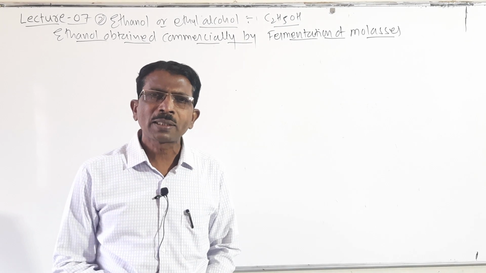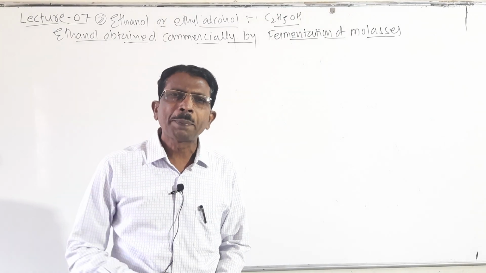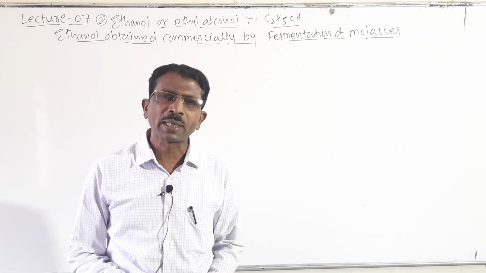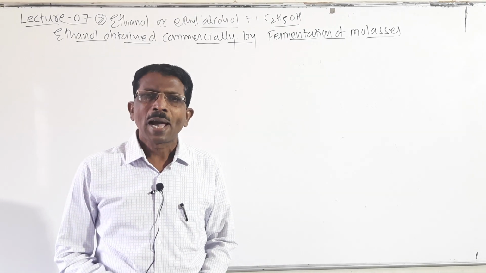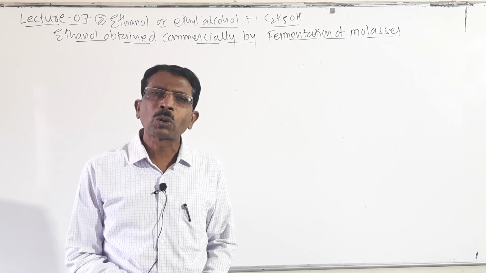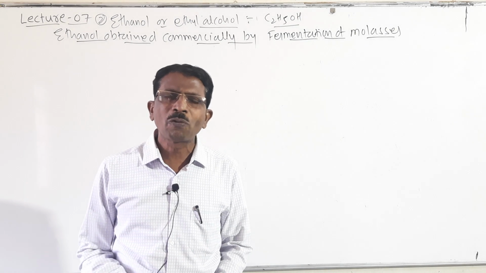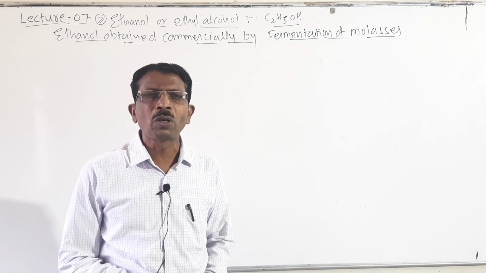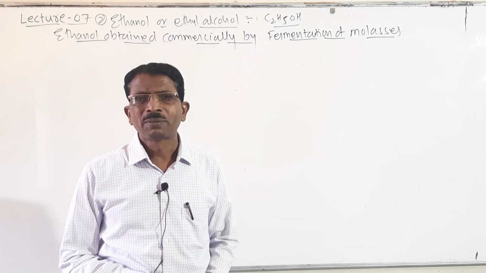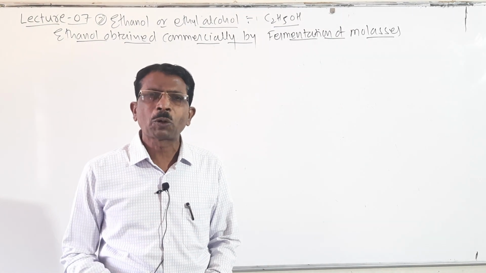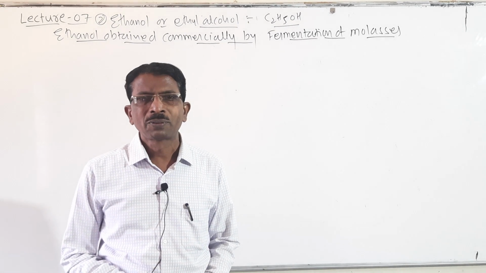This molasses is diluted with water up to 10%, and dilute sulfuric acid is added to bring down its pH value to 4 to 5, which is favorable for the growth of yeast. Now a little ammonium sulfate and ammonium phosphate is added, which act as food for yeast. Then yeast is added and the temperature is maintained at about 30 to 35 degrees centigrade for about 72 hours.